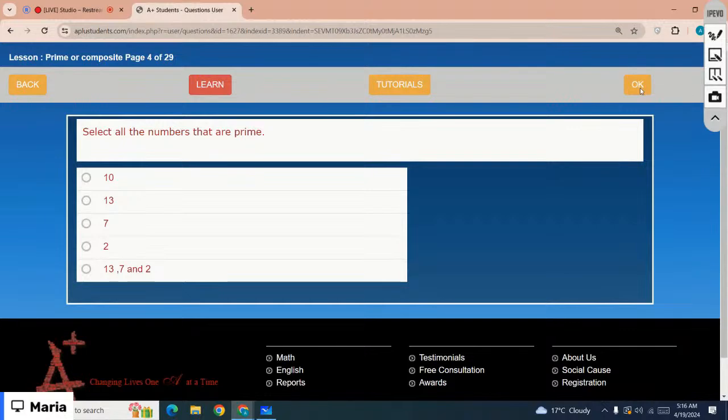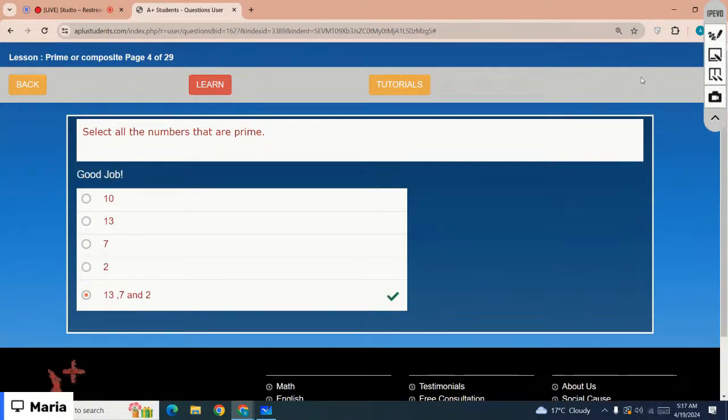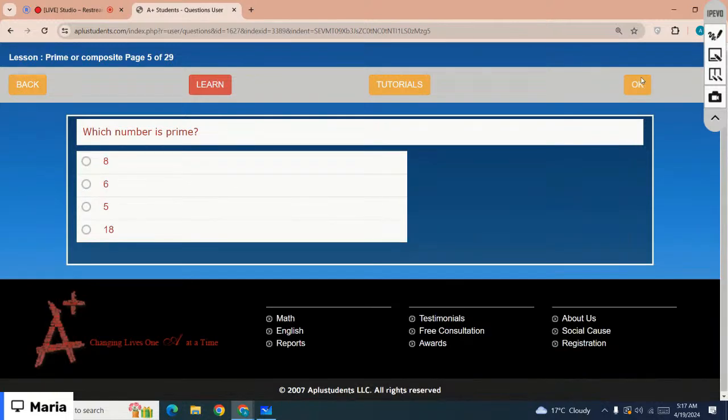Select all the numbers that are prime. So which is the correct option? The correct option is, very good, 13, 7 and 2. Which number is prime? Which is the correct option?